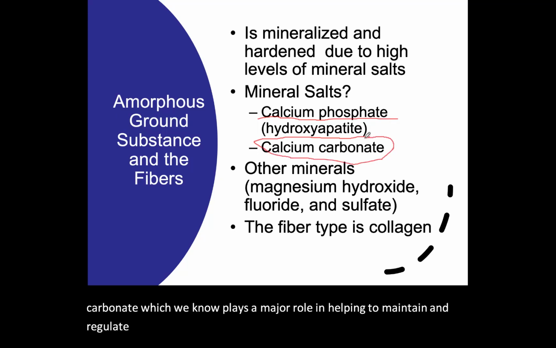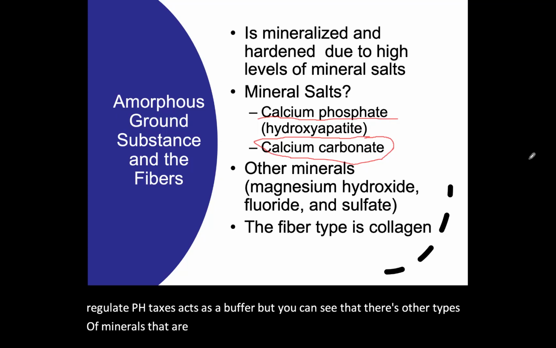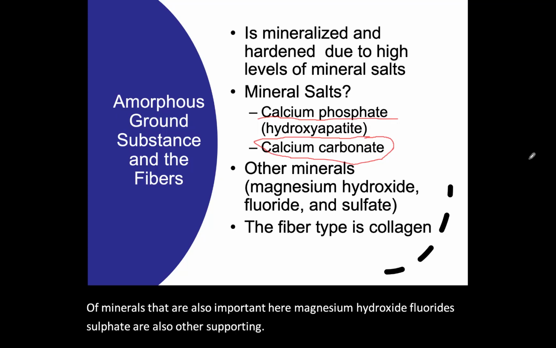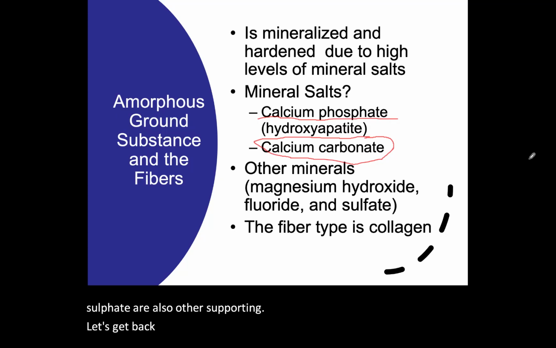It acts as a buffer. But you can see that there's other types of minerals that are also important here. Magnesium, hydroxide, fluoride, sulfate are also other supporting minerals. Let's get back to this idea of collagen being kind of infused throughout this amorphous ground substance.